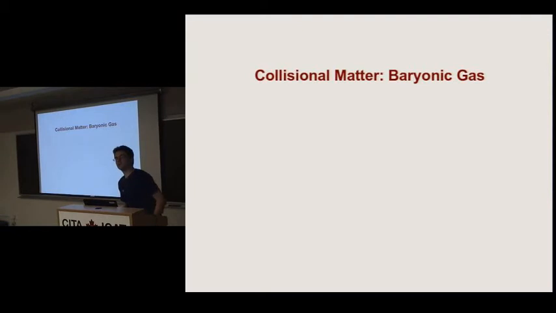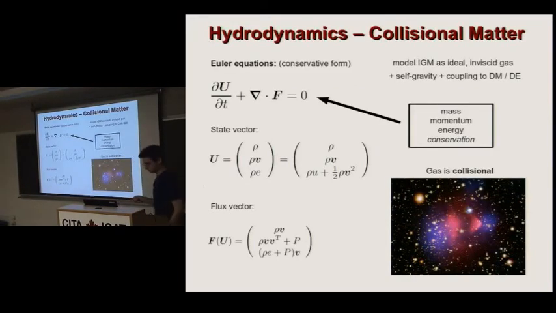Okay, so in the last probably 10-15 minutes I want to talk a bit about collisional matter. Why do I want to talk about that? All the other results that I showed so far were based on pure N-body calculations, and obviously if you want to make a proper connection to the visible universe, you also want to model the baryons correctly, which is a collisional component. That's a different problem now. In N-body calculations we solve the Vlasov equation with a Monte Carlo approach, because you cannot solve the partial differential equation directly.